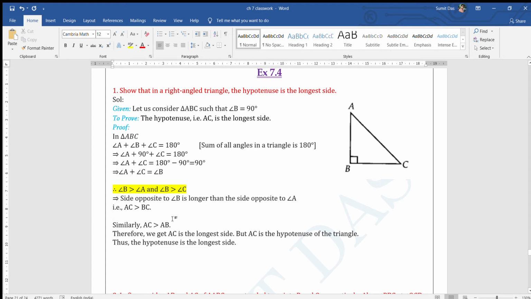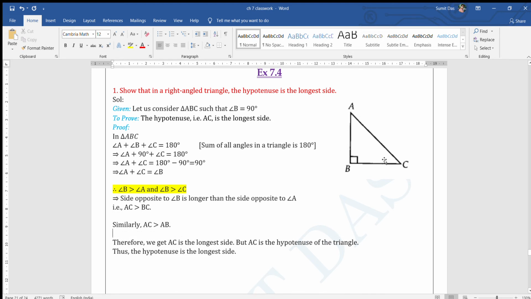Similarly, AC is also greater than AB, because angle B is greater than angle C. So the side opposite to angle B, which is AC, is greater than side AB. Combining these two, what can we get? In this triangle, AC is longer than the other two sides.